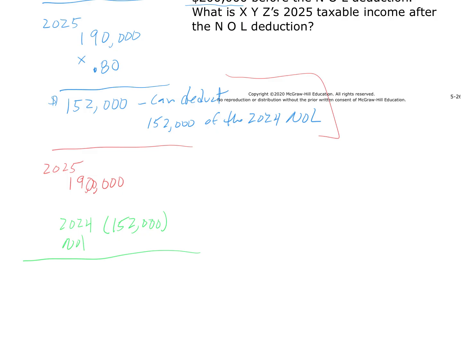So what that leaves us with, that leaves us with 2025 taxable income of $38,000, not $35,000.